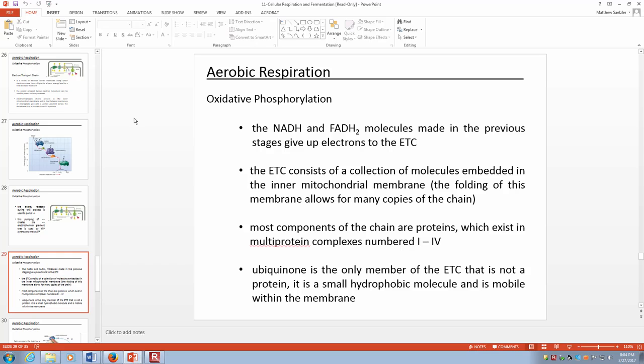And then succinate reductase will pass them to ubiquinone. So I just drew an arrow up to ubiquinone from the previous pathway. And then the pathway is the same. So from FADH2 they get passed to succinate reductase. Then from succinate reductase they get passed to ubiquinone.